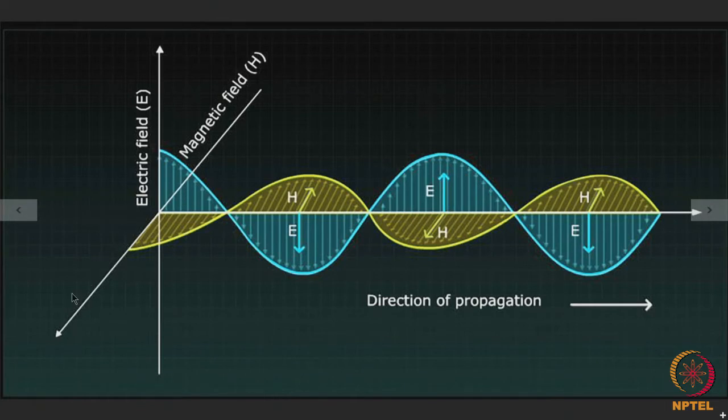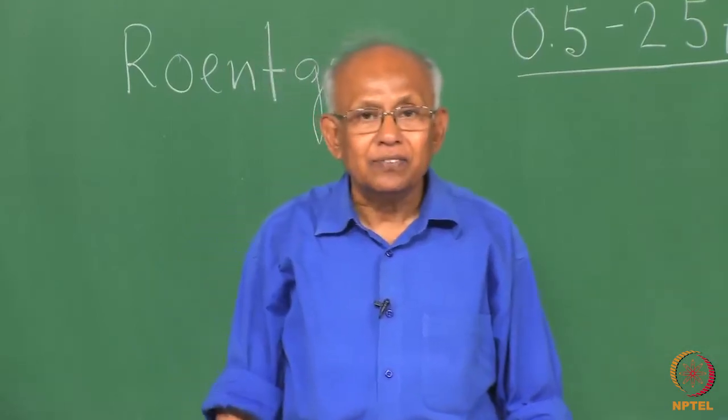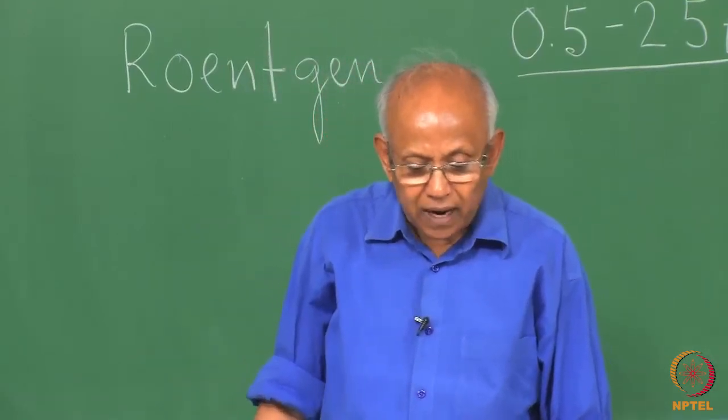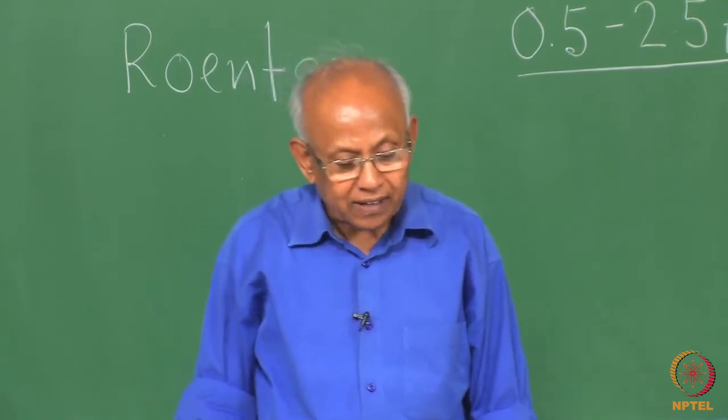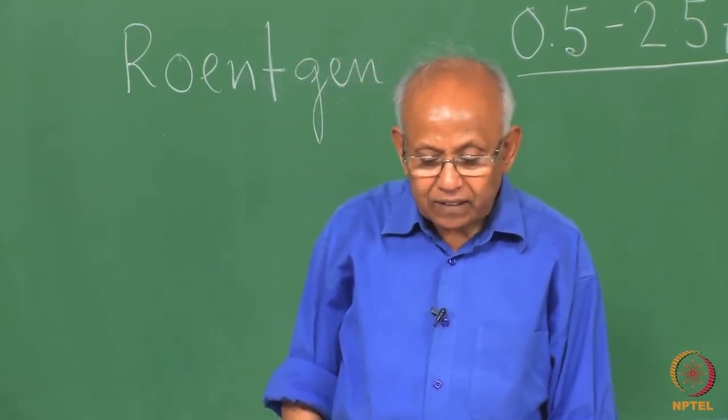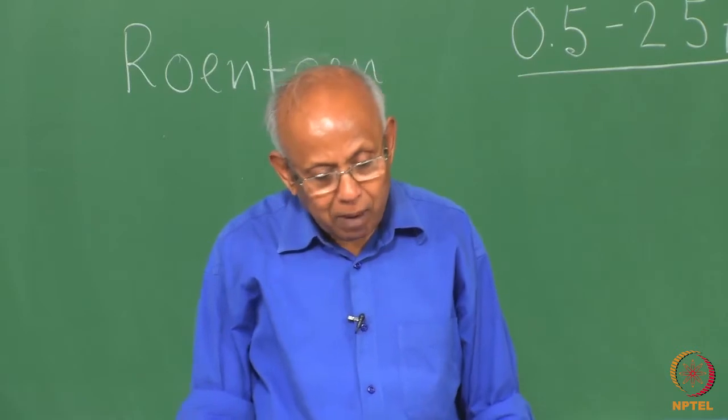Since the magnetic field is of no concern to us in this study, we are not going to mention it at all. So, it is the electric field that we will talk about.